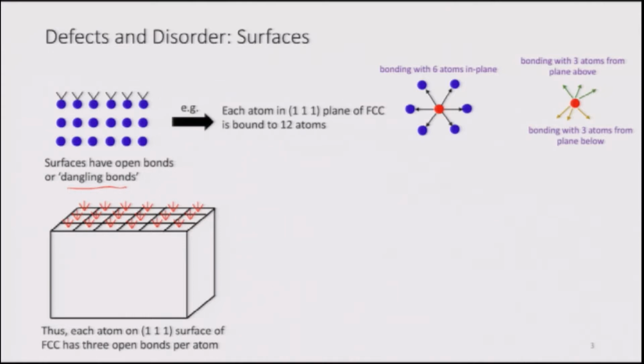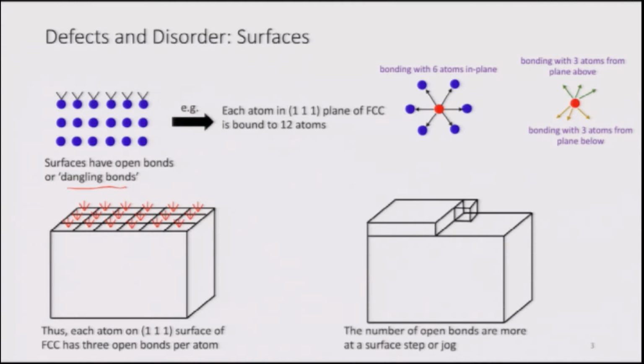Now, if there happens to be a surface edge or jog, then obviously there will be more dangling bonds near this surface step or jog, which is shown here. Because of this very high atomic disorder on the surface, the activation barrier for atomic jumps is very low, and hence the surfaces are characterized by very fast diffusion. That is why we say the surface diffusion is very fast, much faster than the lattice diffusion.